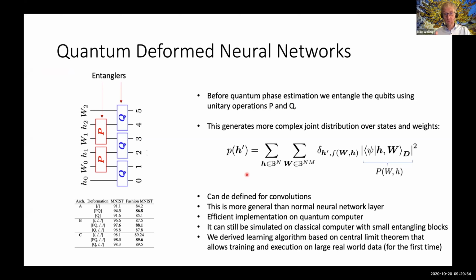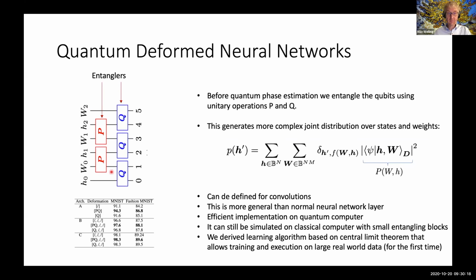But then we wanted to go one step beyond that, which is to say, okay, let's now also entangle these input states in a non-trivial way that you cannot do in a classical computer. So we had these local entanglers, which would entangle, let's say, the feature values with the parameters. And you would have also these entanglers, which would entangle between these two states.